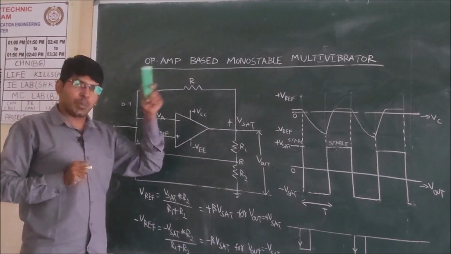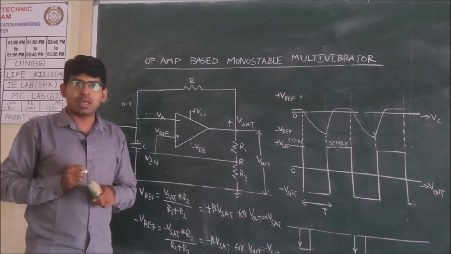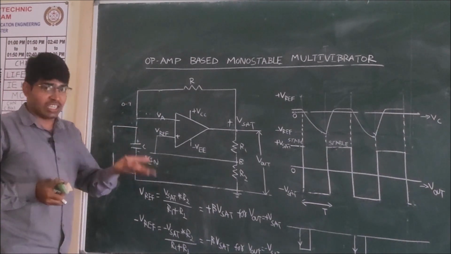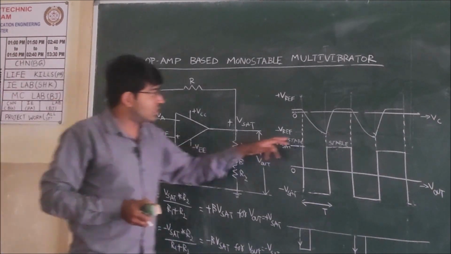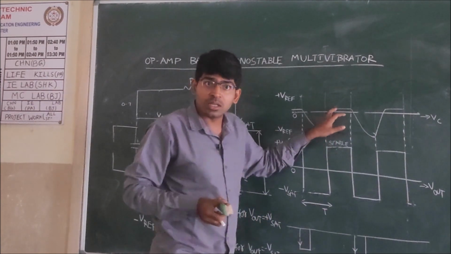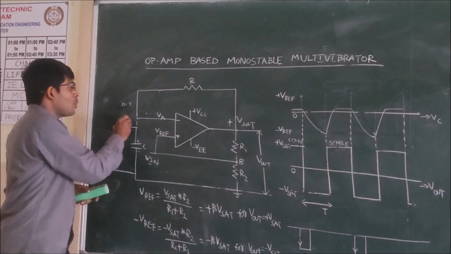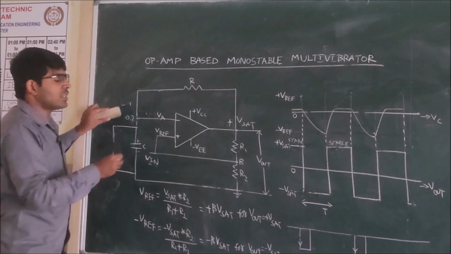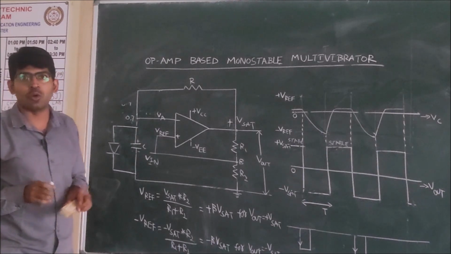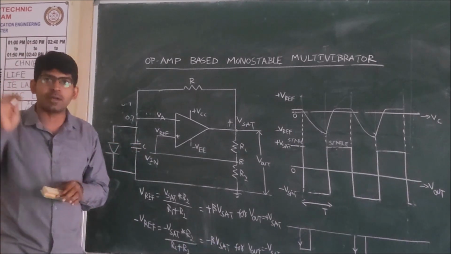But when the voltage is plus Vsat, again the capacitor is trying to charge. First it will discharge and then it tries to charge again. Until what voltage? 0.7 only. Why, sir? After 0.7 what will happen? The capacitor will not charge after 0.7. Only 0.7 volts will be there in the capacitor.